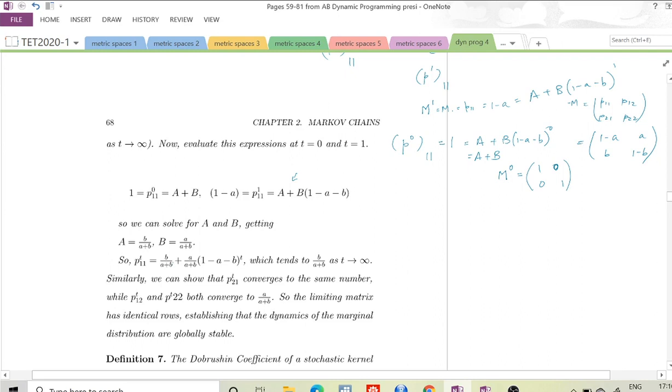So similarly, you can see that P12 is going to converge to a by a plus b, right? So very briefly, if I write the 1/2th element of the matrix, so as some c plus d times 1 minus a minus b to the t, right?